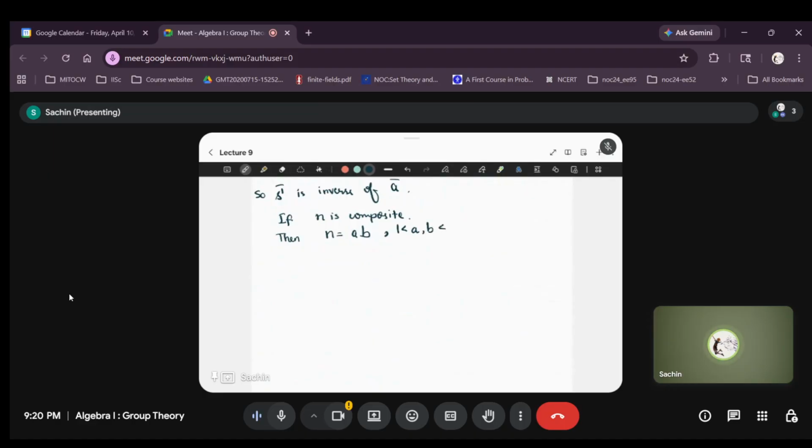Yeah, n is composite means it can be written as ab for some numbers a and b which are between 1 and n. Then the class of n bar is ab whole bar, which is equal to a bar into b bar. But n bar is equal to 0 bar. So a bar into b bar is equal to 0 bar.